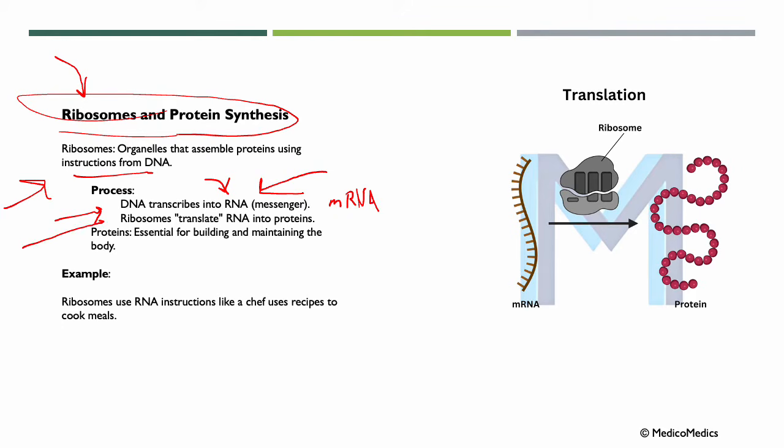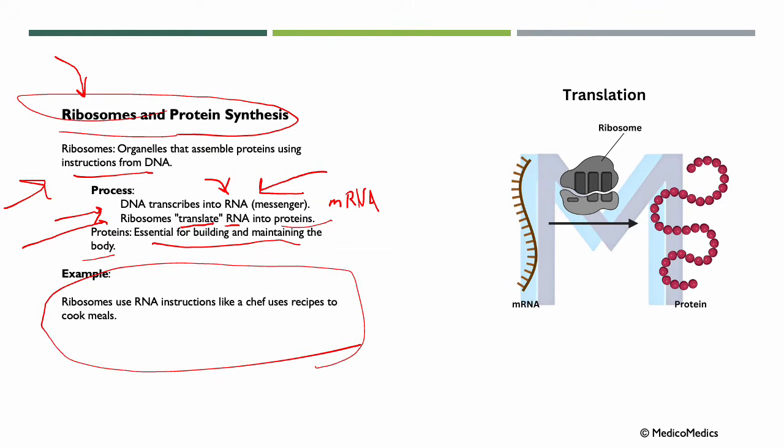And then ribosomes, these organelles, translate this RNA into proteins. And proteins are essential for building and maintaining our body. So you can think of it like ribosomes use RNA instructions like a chef uses recipes to cook meals.